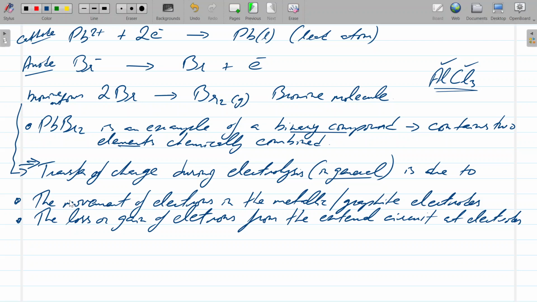Okay, and then the last point is the movement of ions in the electrolyte. So obviously that is the key player.